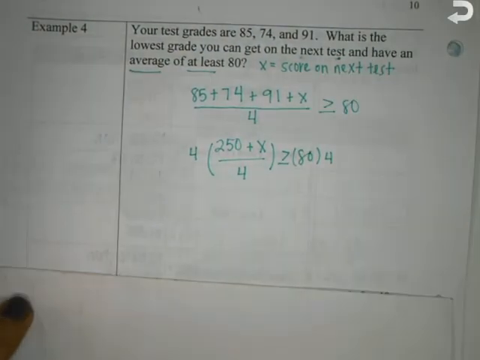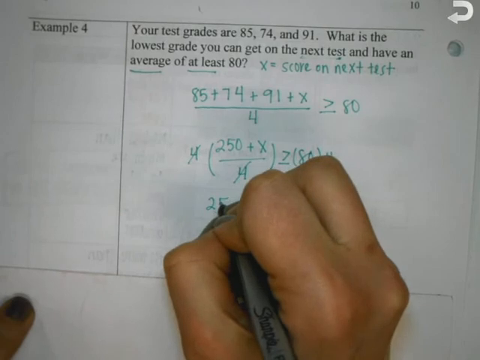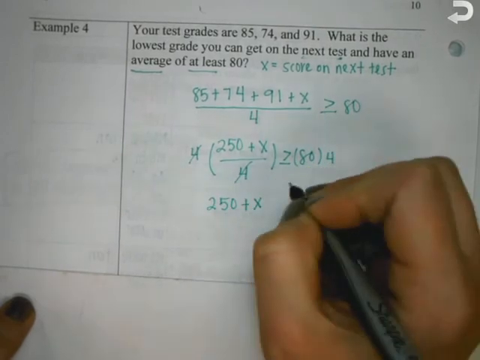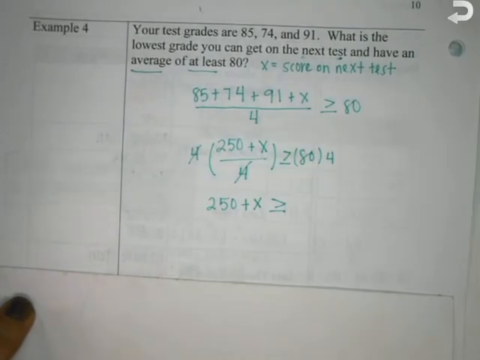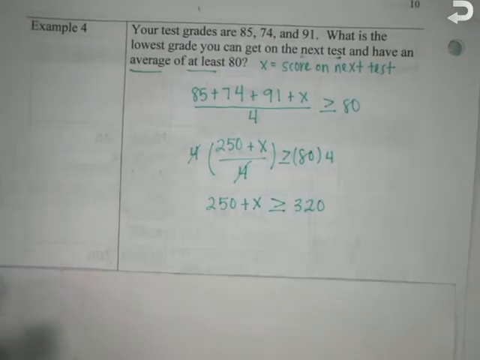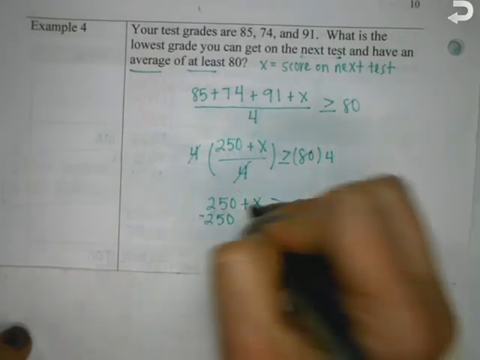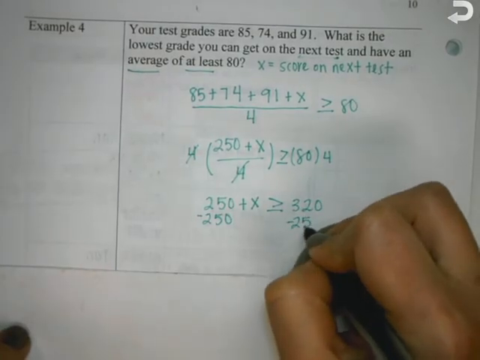So that will give me 250 plus x greater than or equal to 80 times 4, 320. Now what? Subtract 250. So that gives me x greater than or equal to 70.